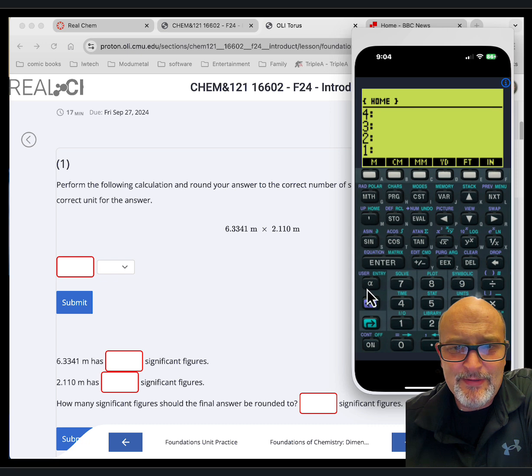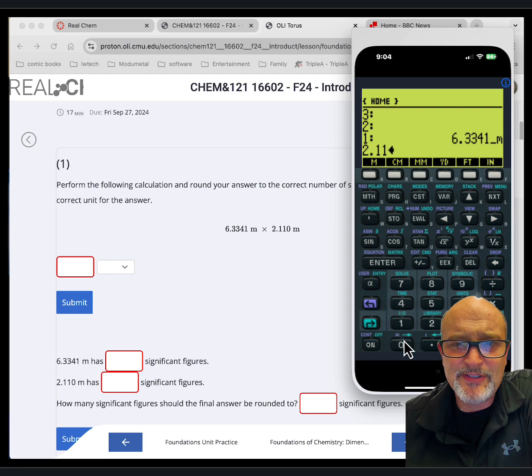And so what I did was I went to units here. This is unnecessary, but for the sake of being thorough, length, and there's meters there. So I'm going to enter 6.3341 meters, and then I'm going to enter 2.110.